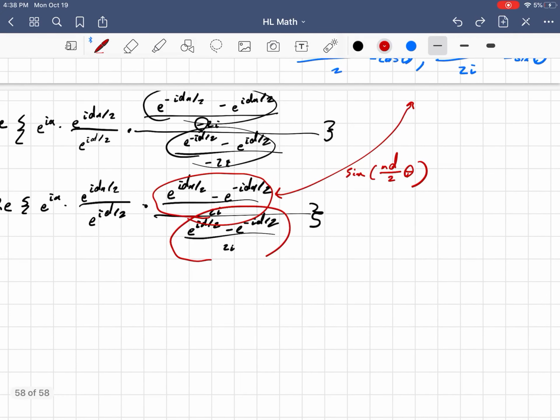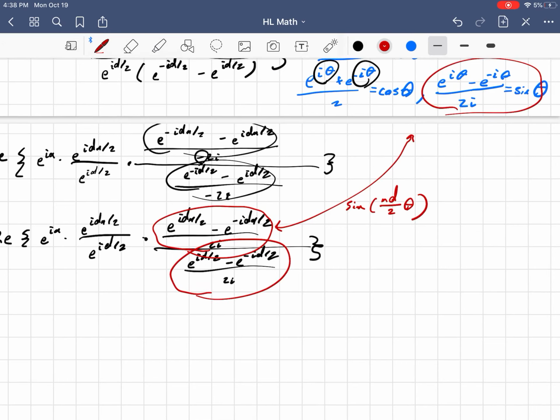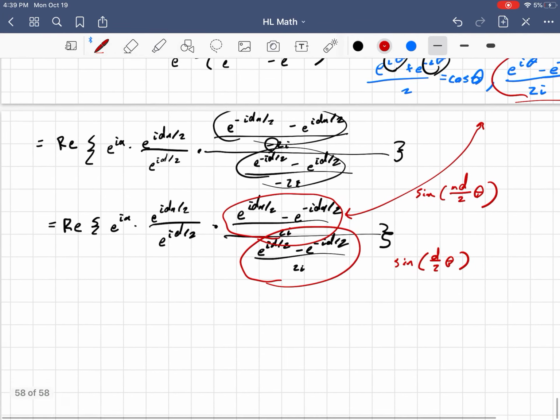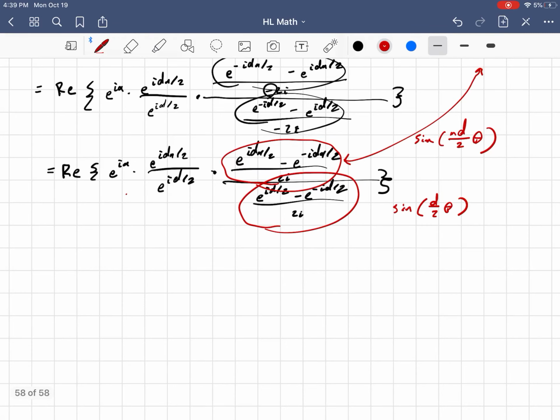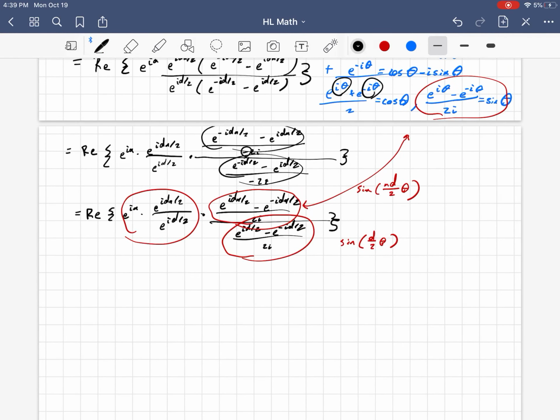Likewise, this part down here, by looking at this formula up here, is the sine of d over 2 theta. And then this part right here, if we're considering just the real part, we're getting just cosine stuff, right?